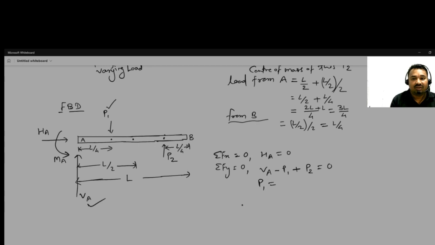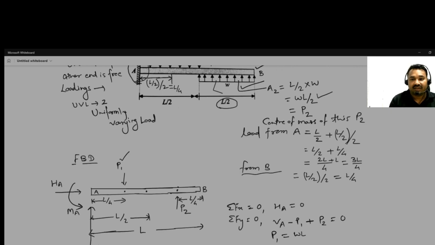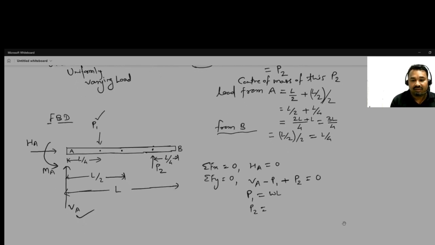P1 is equal to WL, and P2 is equal to WL divided by 2.